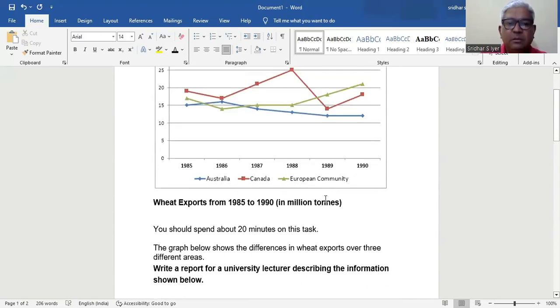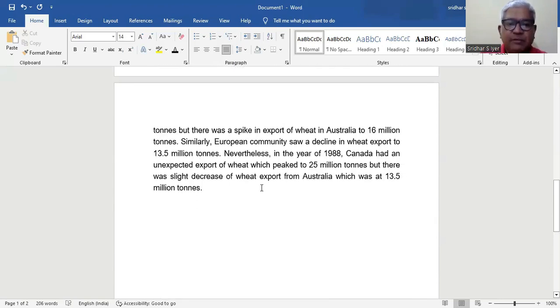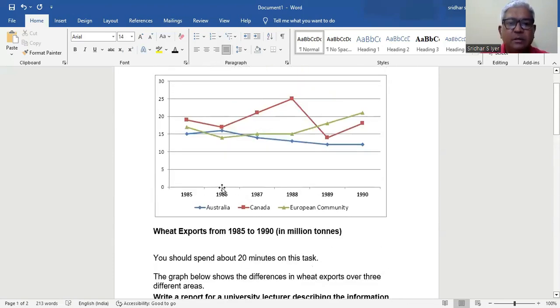Then we have to say Canada had a steady export scenario in... it was not Canada, I guess it was Australia, sorry.